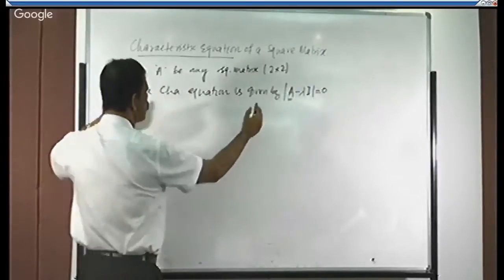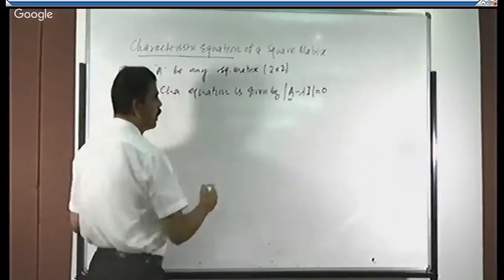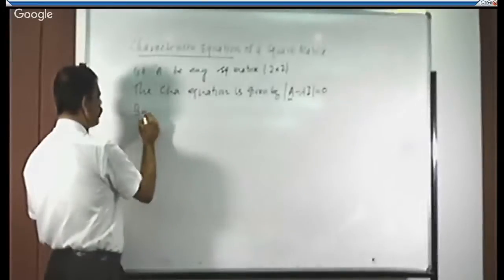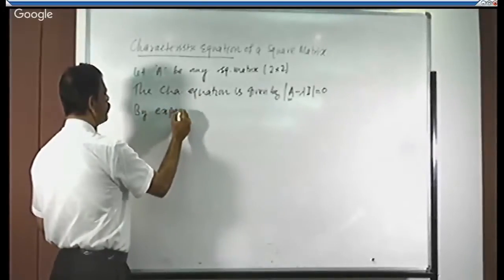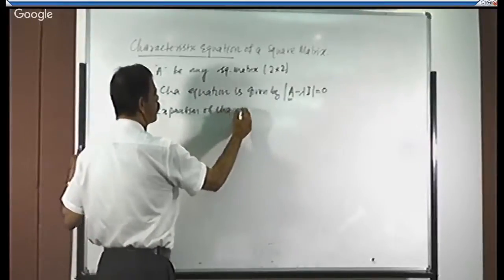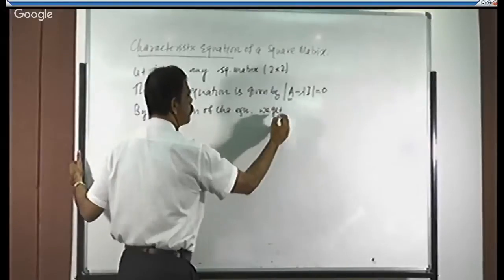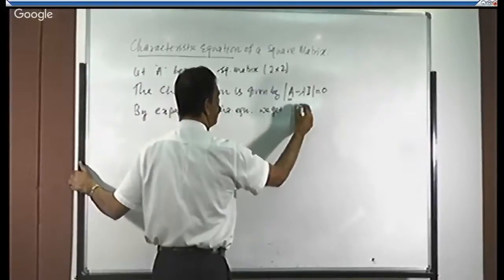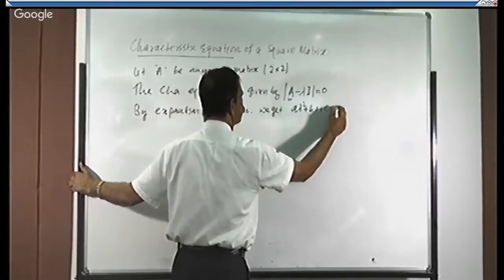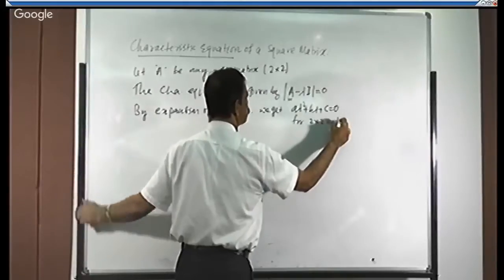By substituting the values of A, lambda, I, and after expansion, we get A lambda square plus B lambda plus C is equal to 0 for a 2 cross 2 matrix.